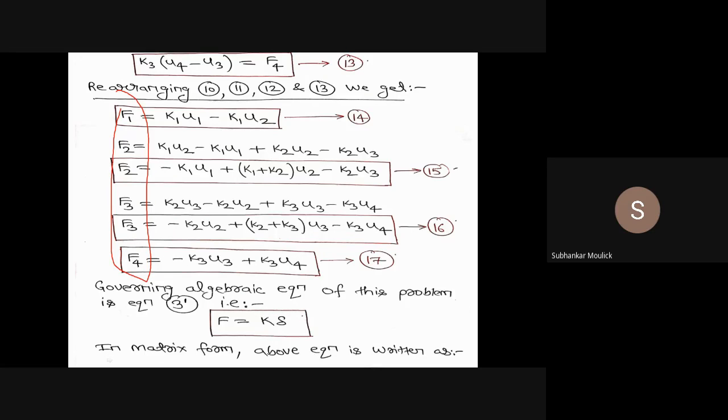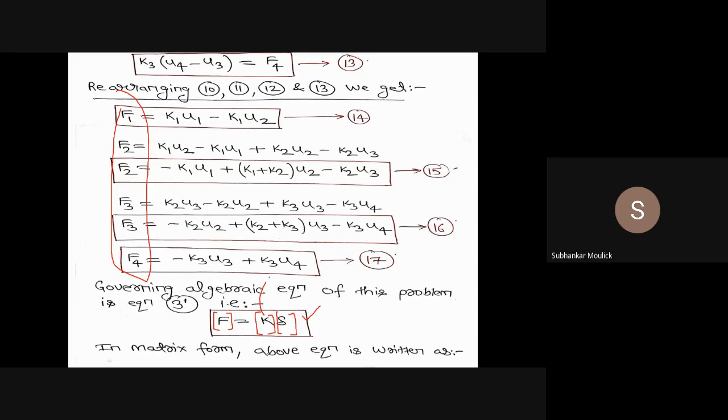This is the final governing algebraic equation. So in matrix form, I can write matrix F is equal to matrix K into matrix delta.